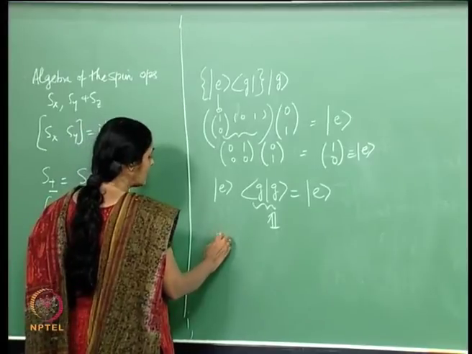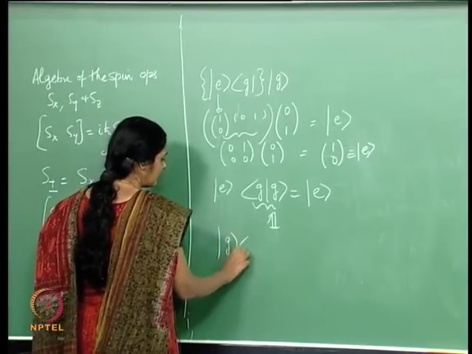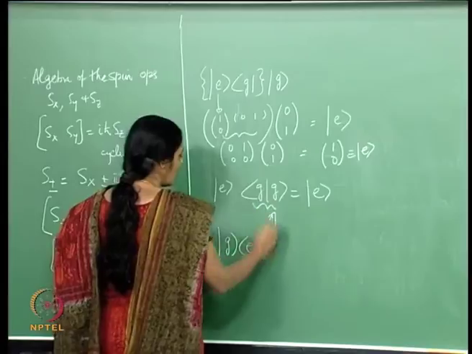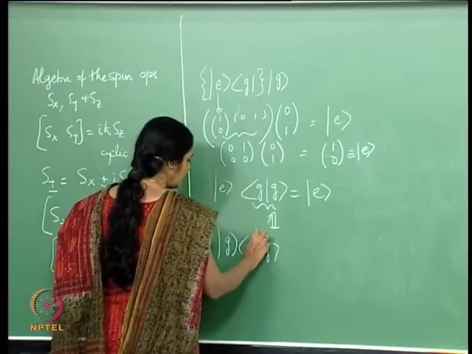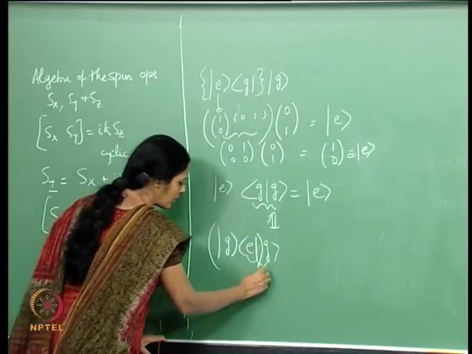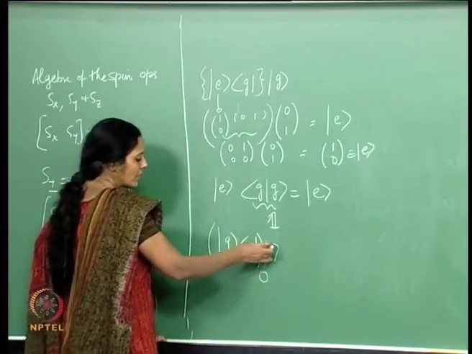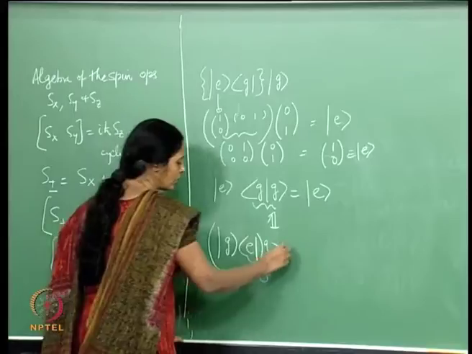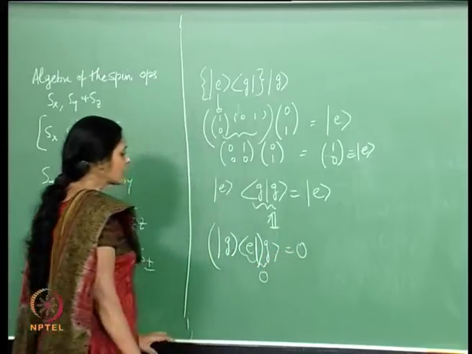Similarly, if I take the Hermitian conjugate operator GE, and if it acts on ket G, it is clear by the same kind of argument that because ket G and ket E are orthogonal to each other, this is 0.